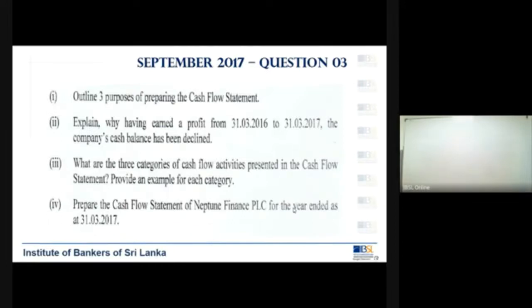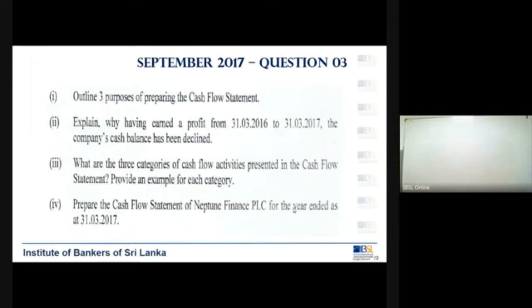Now, when you look at this question, without even knowing fully how to prepare a cash flow statement, you can easily score 15 marks, isn't it? What do you think? You can easily score 15 marks by answering the first 3 parts of this question. You don't have to worry about anything else.